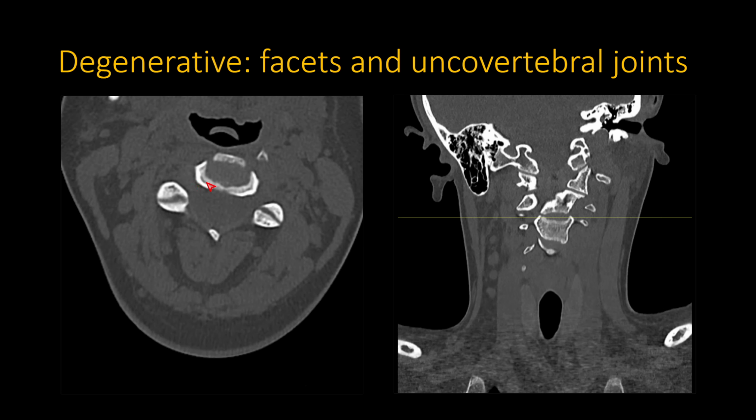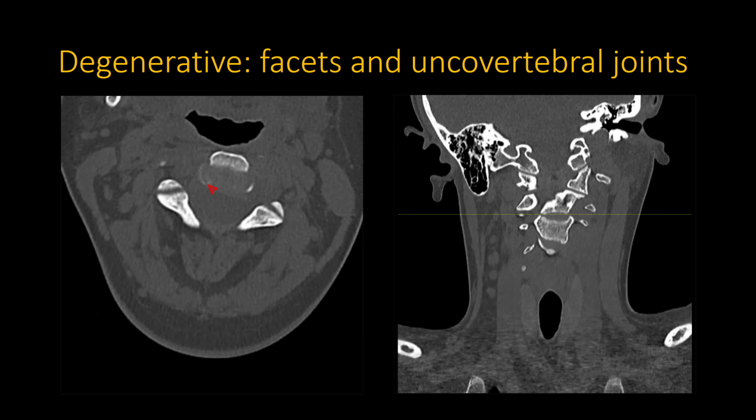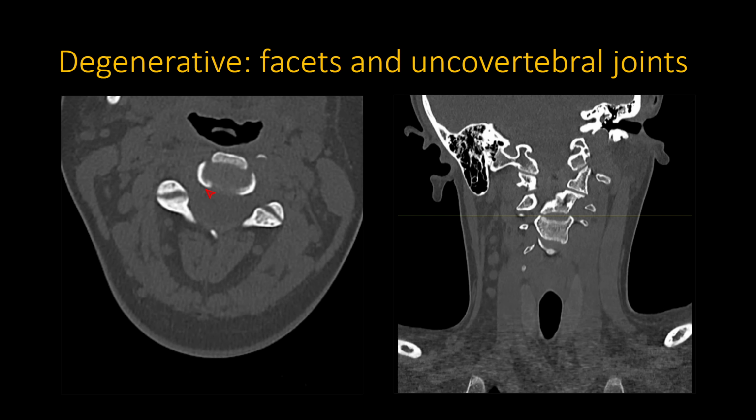So typically, neuroforaminal stenosis in the cervical spine is going to be caused by these oncovertebral joint osteophytes. Sometimes the osteophytes also will encroach into the spinal canal and contribute to spinal canal stenosis as well.